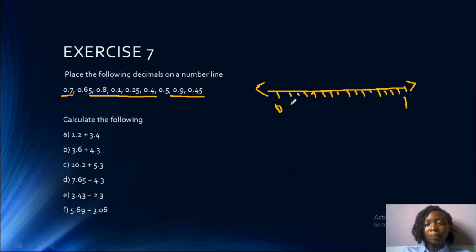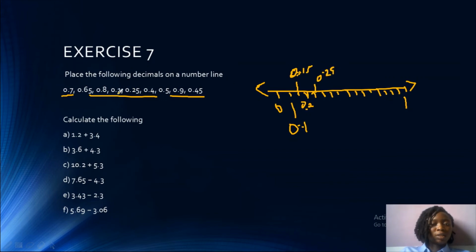So 0.1. The next one is 0.25. So from here I can have 0.15 if it requires. Then I can now have my 0.2 here. And here asks for 0.25.